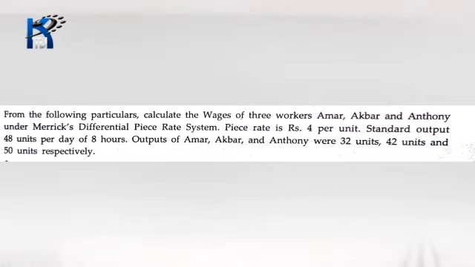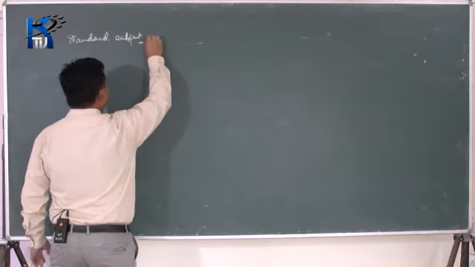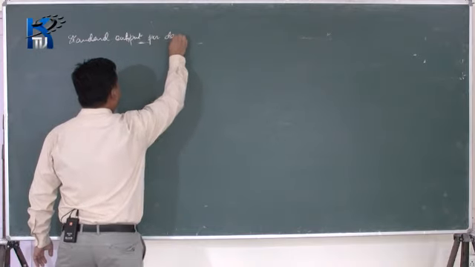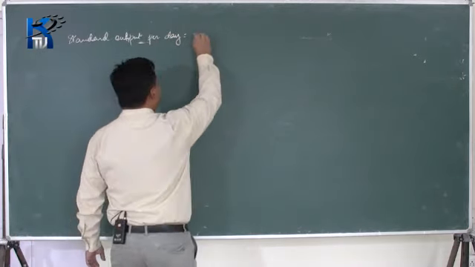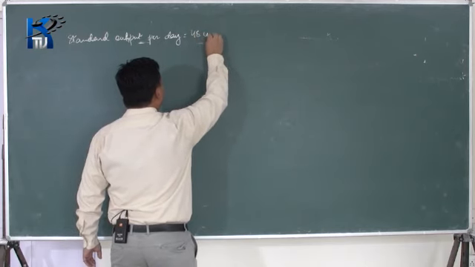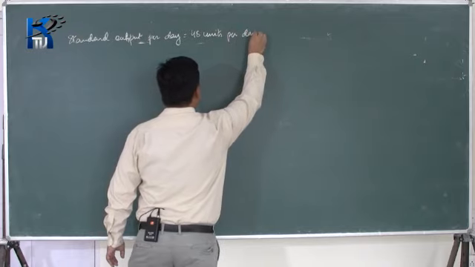So the standard output per day, provided in the question itself, is 48 units per day.